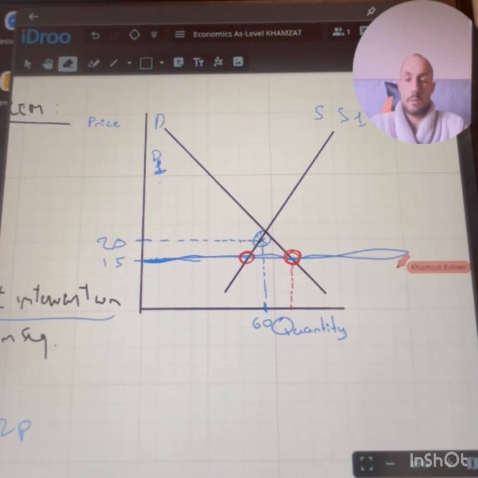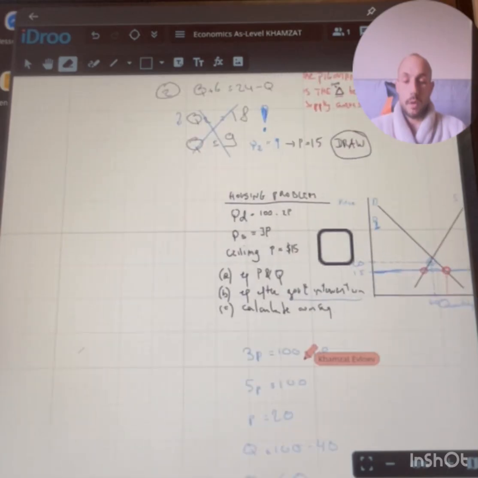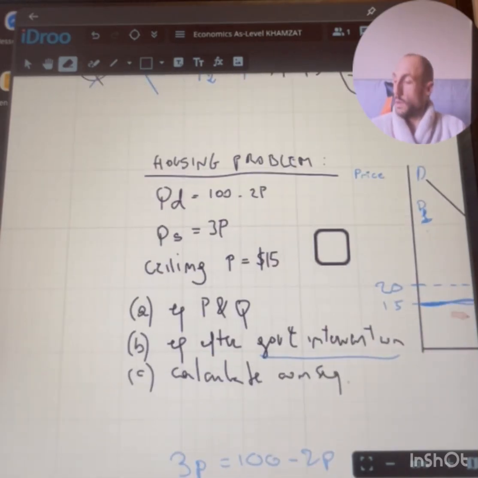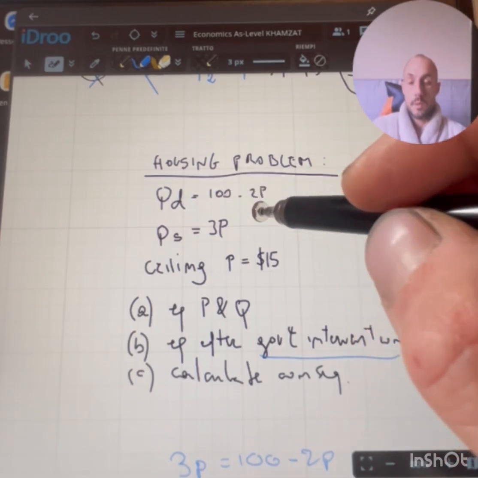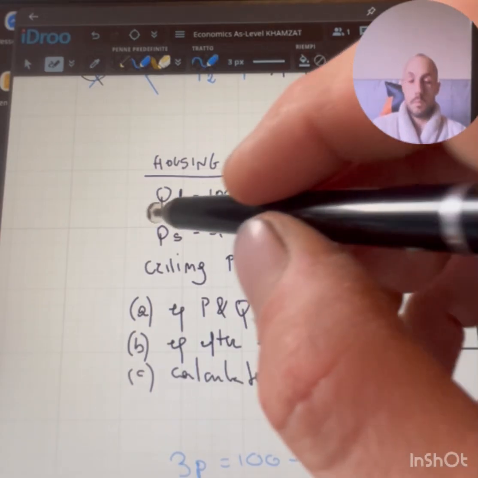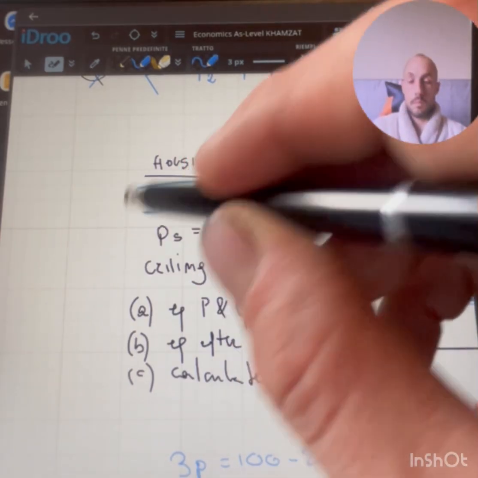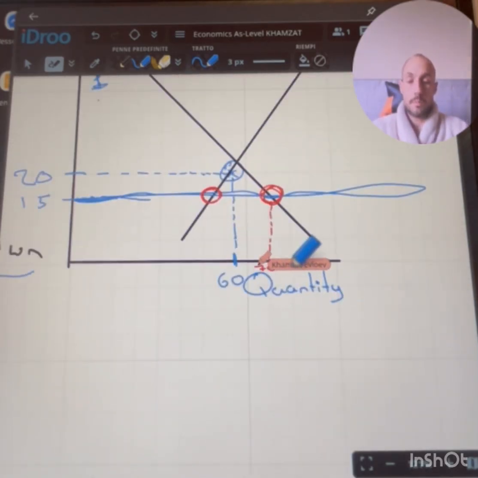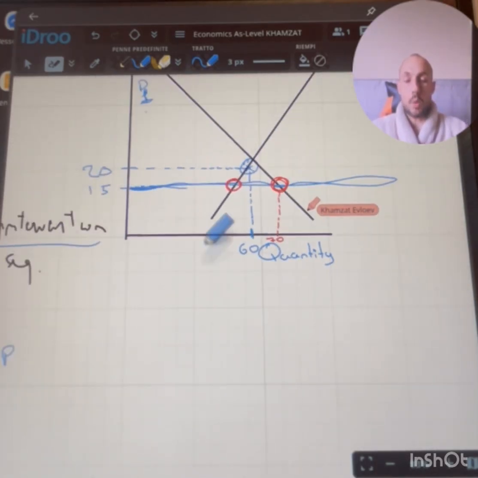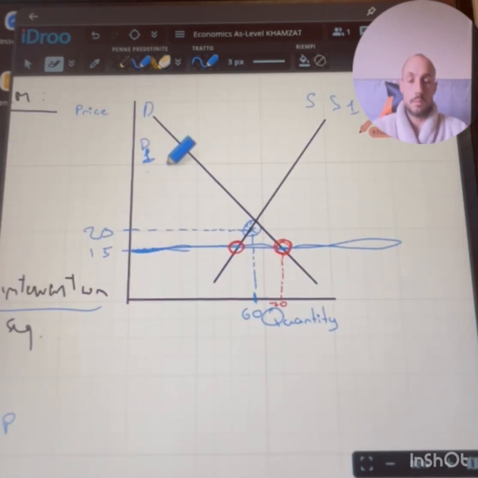Formula, yes. You were given it. Oh, right. I thought we did the formula already, but we did it at 20. Exactly. That would be 15, so that would be minus 30, which gives us 70. Yes, not 75, but 70, correct. And what is the supplied quantity? 45. Yes.